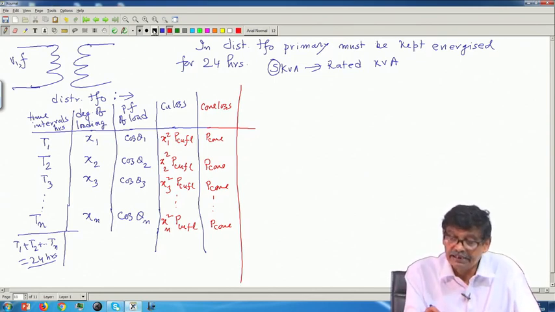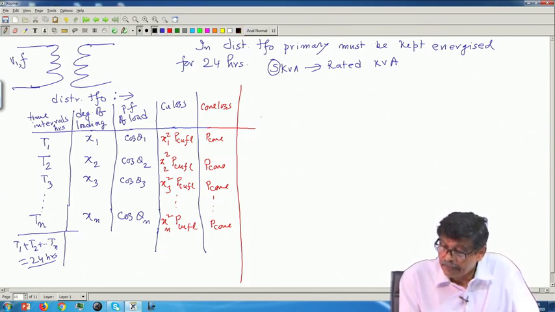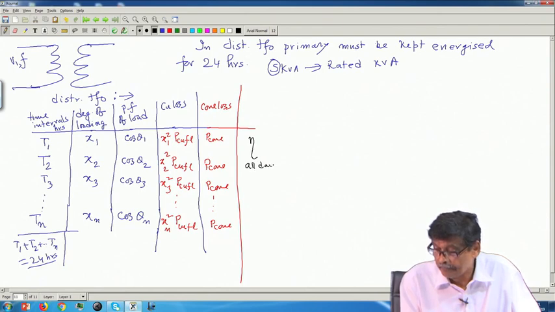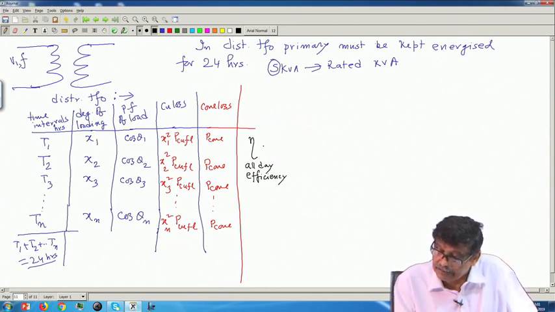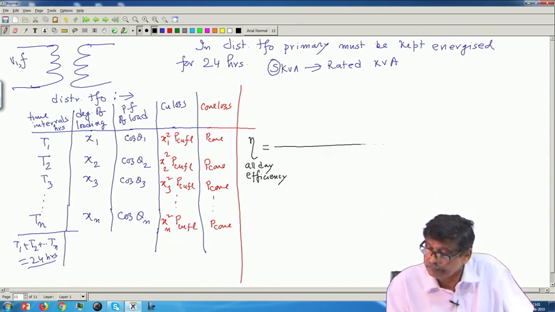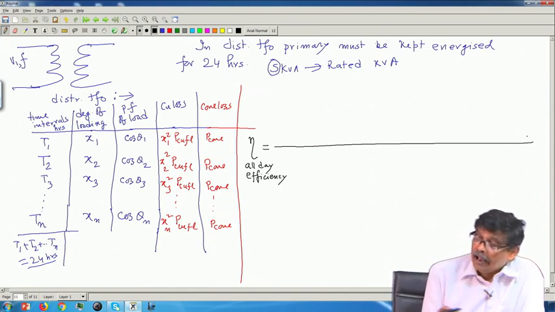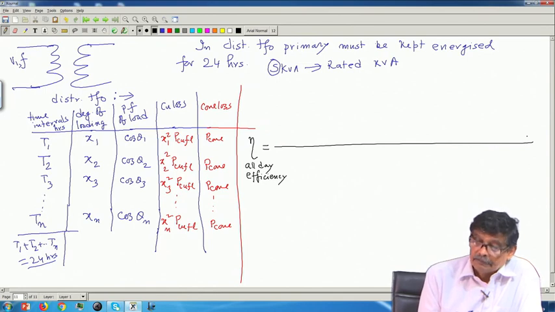Then you can straight away write down, all day efficiency equal to, what I told, I must write energy output over 24 hours.